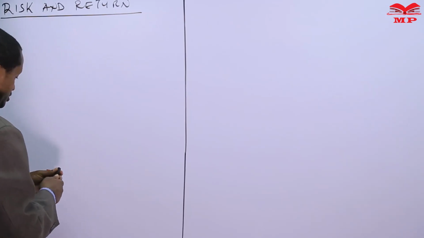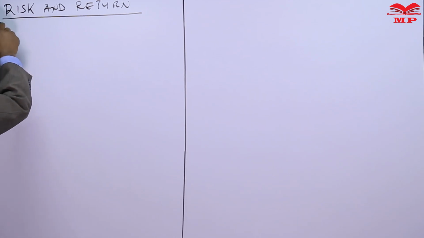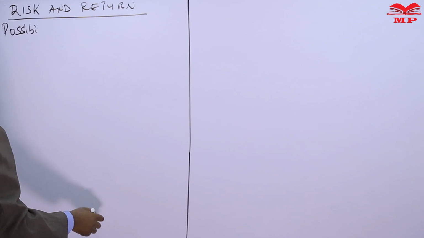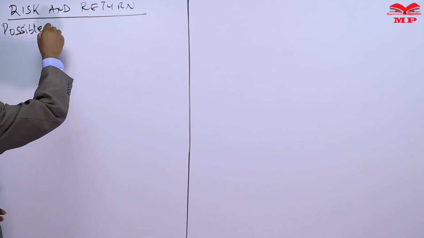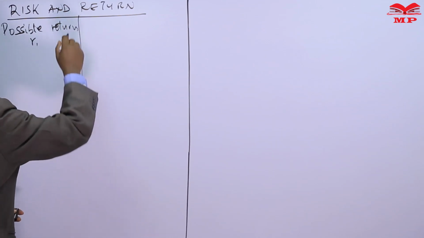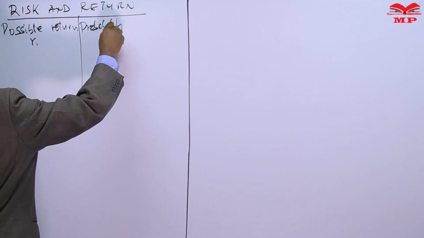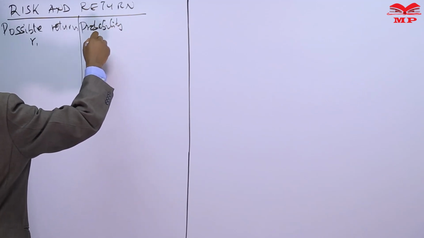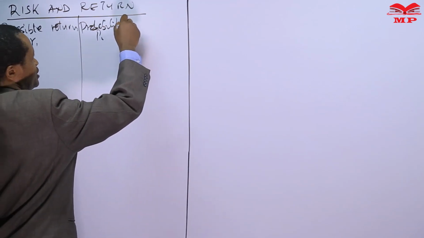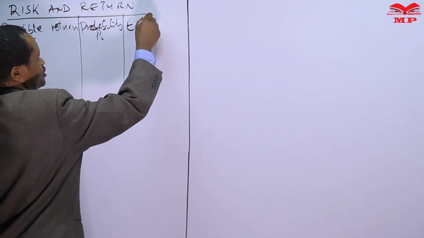So we had an illustration where we estimated the possible return R. We also had the probability P, and the expected return, which we saw was equal to the summation.